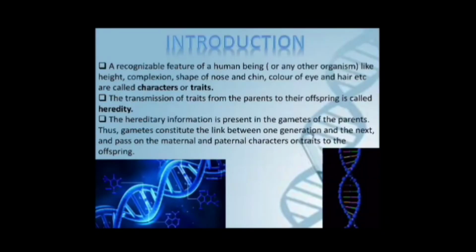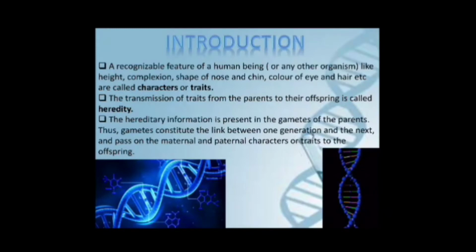A recognizable feature of a human being, like height, complexion, shape of nose and chin, color of eye and hair, etc., are called characters or traits. The transmission of traits from the parents to their offspring is called heredity.